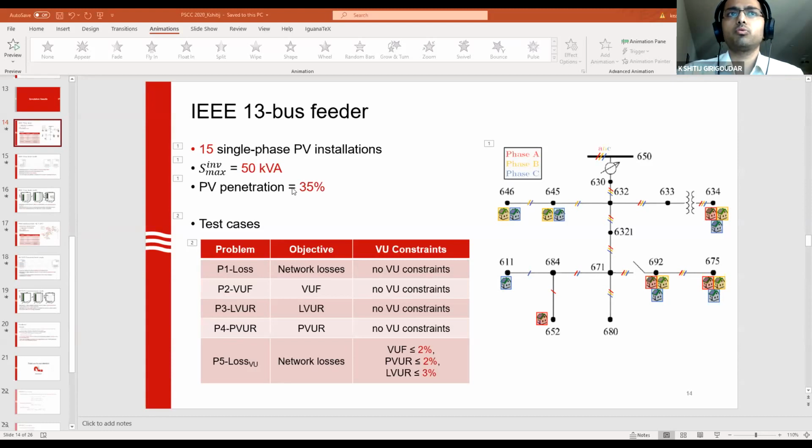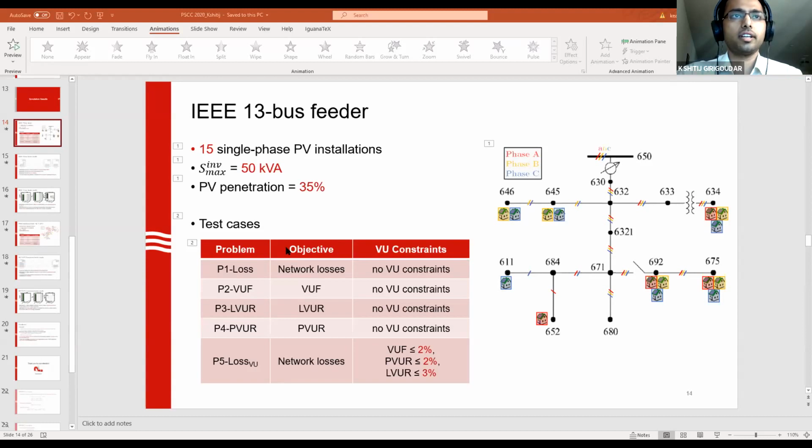But one of the ways to check if we are reaching the same solution is for VUF, for example. It's the ratio of negative over positive sequence voltage, so that makes it slightly non-convex. So we can just ignore the positive sequence and just minimize negative sequence voltage. That also gives a result similar to minimizing VUF. So that's how we know that we are still arriving at the actual local solution, irrespective of what the objective function is.